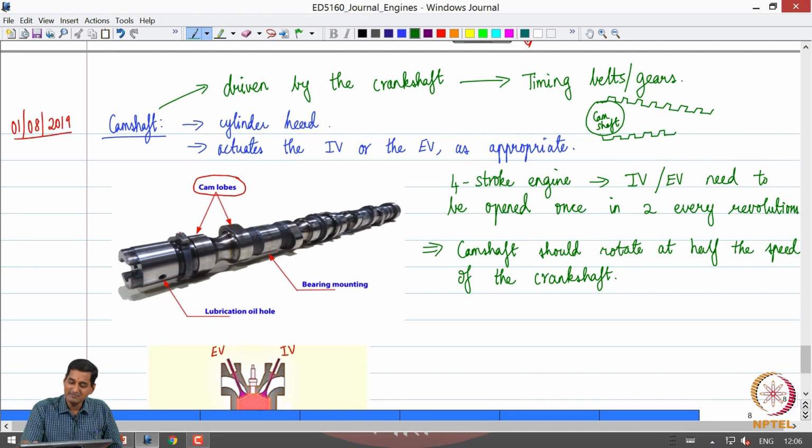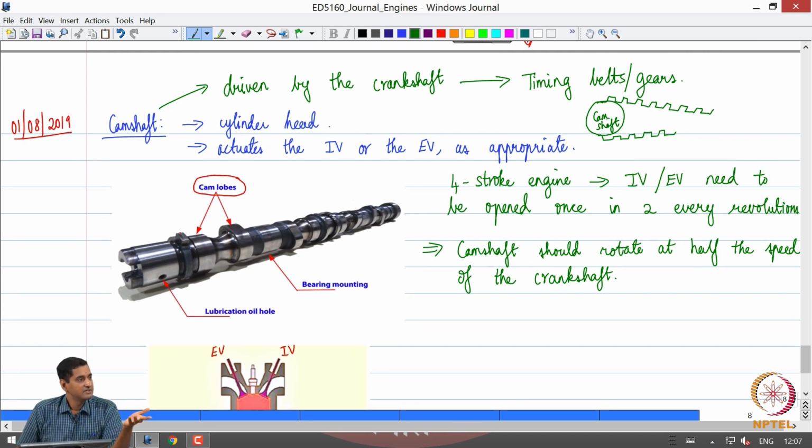You can see that this timing belt is wrapped around the camshaft, because the main issue with the traditional belt driven mechanism is that it can have slip, and we do not want slip when we drive the camshaft using a crankshaft, right, because the timing of the opening and closure of the inlet and exhaust valves will get affected. So in order to address that issue, we use this timing belt which has these projections to ensure that the camshaft is rotated relative to the crankshaft fairly accurately.